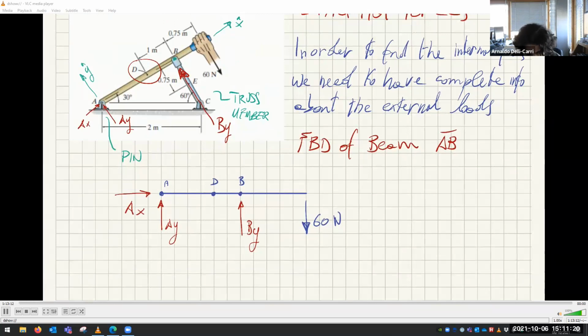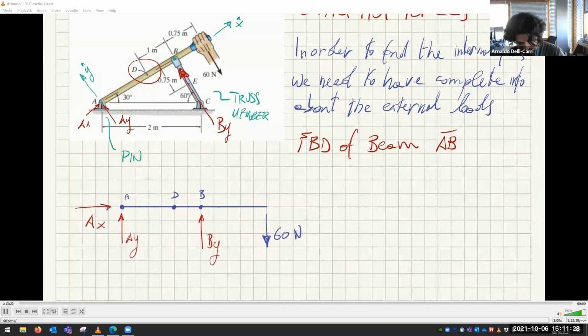So how do we solve this one? Very easy. Just apply equilibrium equations to this beam. Equilibrium equations X, Y, Z. For Z, I'm going to choose point A as the reduction pole of the moments.